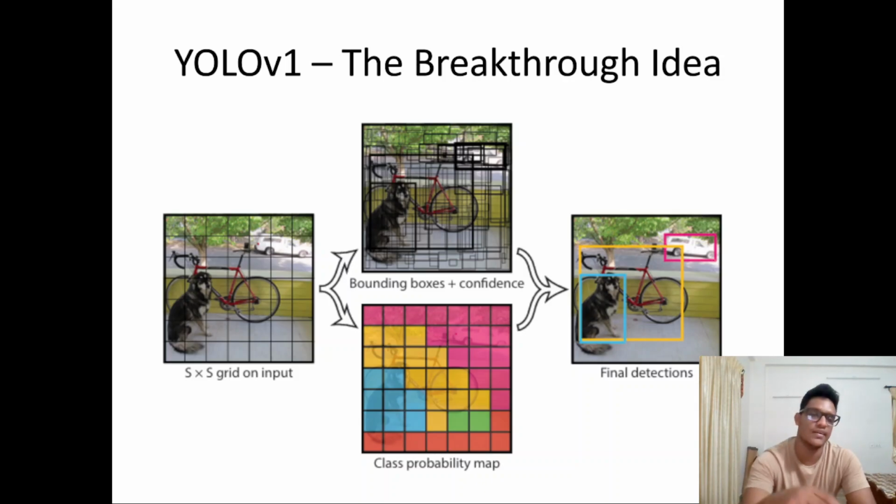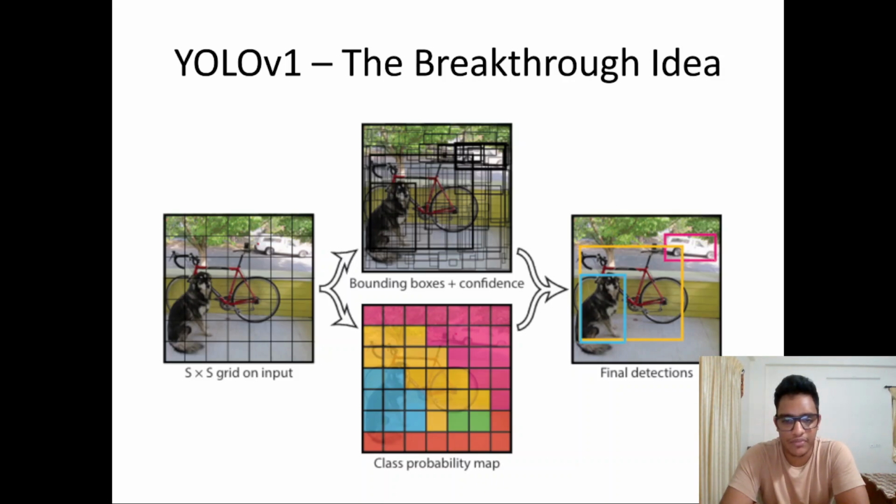As I said, the input image is divided into an S by S grid, as in the image, and we take a different number of bounding boxes. Each object may have multiple bounding boxes, and from these bounding boxes we get 5 predictions: x, y, w, h, and confidence, along with each of the class probabilities.